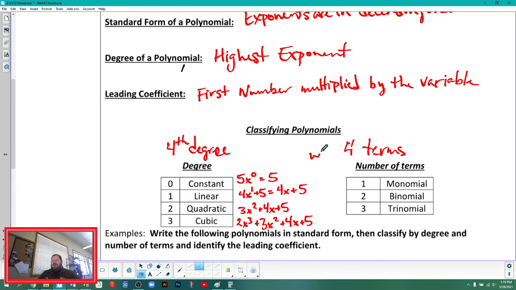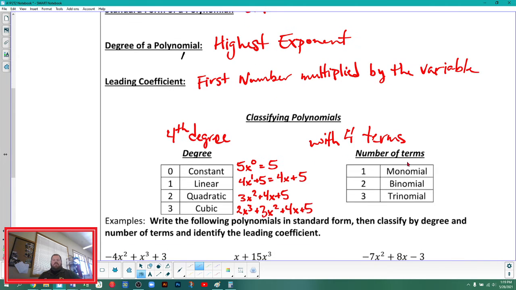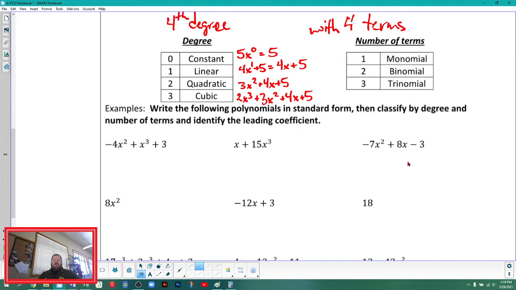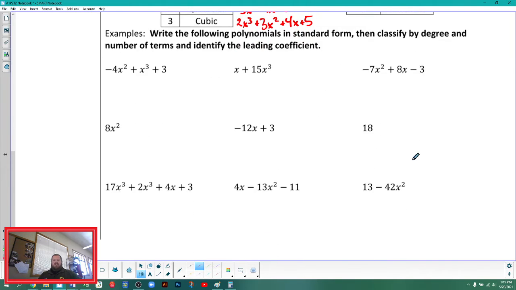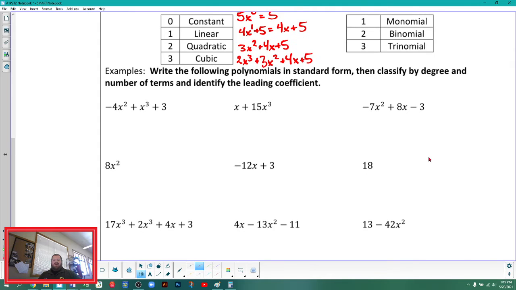You might say whatever kind of polynomial with 4 terms. And again, with 5 or 6 or 7 or any growing number of terms, we just put the number of terms there. For most of these, we're going to have names for them. Some of them will have to use just the number as the name.